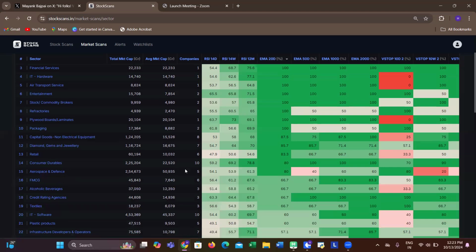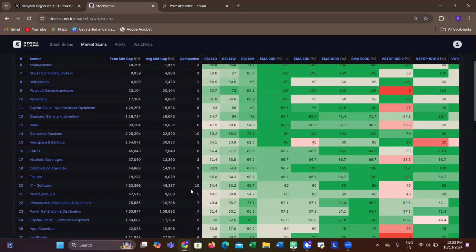Look at consumer durables: we have 10 companies, out of which 80% are above EMA 20, and around 100% are above EMA 50, around 100% above the 100-day exponential moving average, and around 100% are above the 200 moving average. And you see the volatility stop for the last 10 days, 70% are positive, green, right? And for the last 10 weeks, it is around 90%. So that's the beauty of this tool.